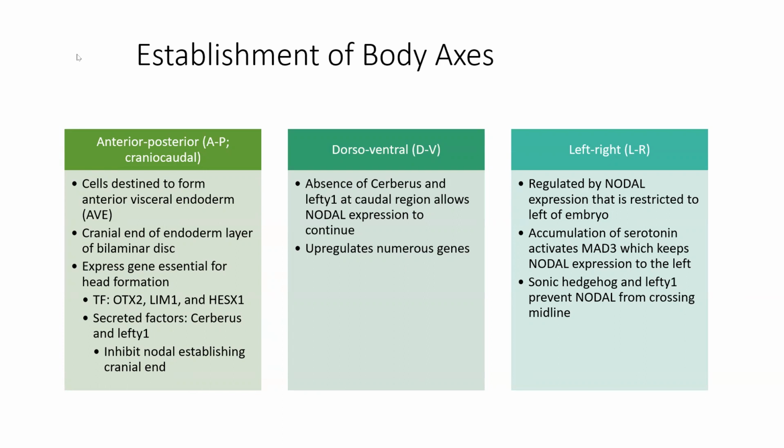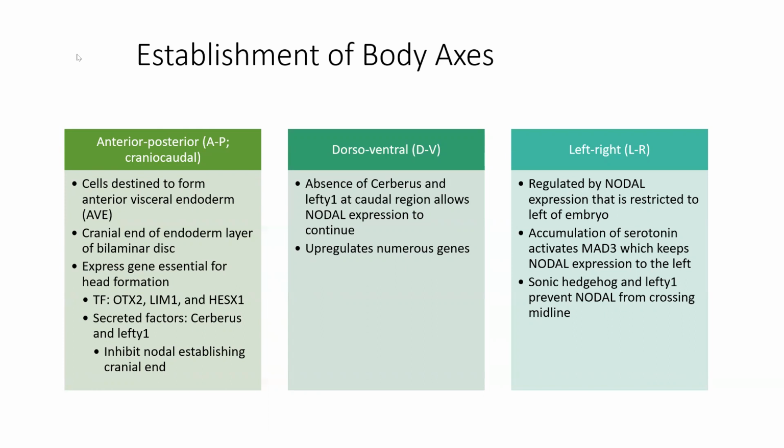Secreted factors that are important for this are Cerberus and Lefty1, which inhibit nodal, which establishes the cranial end. For the dorsal-ventral, we have an absence of Cerberus and Lefty1 at the caudal region, which allows nodal expression to continue, and it upregulates numerous genes.